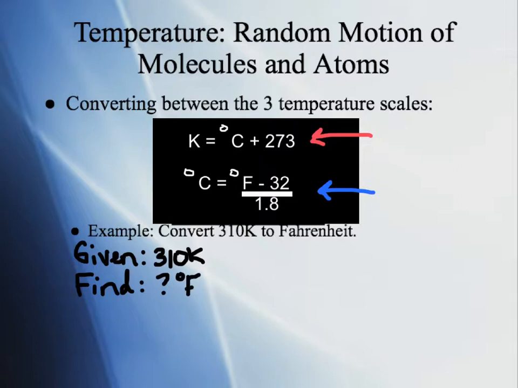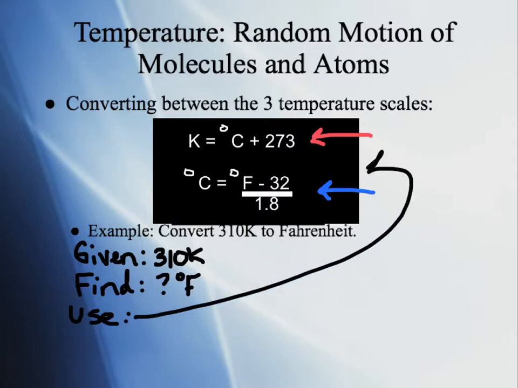How many degrees Fahrenheit is that? Well, what do we need to know? We need to use these equations right here. So that's going to be our tool belt for solving this problem.